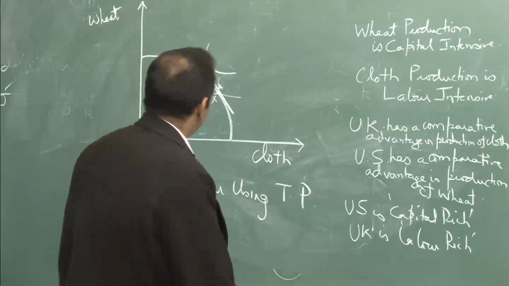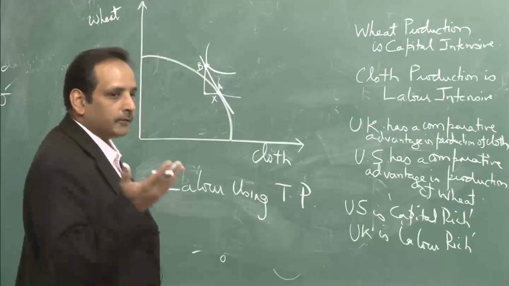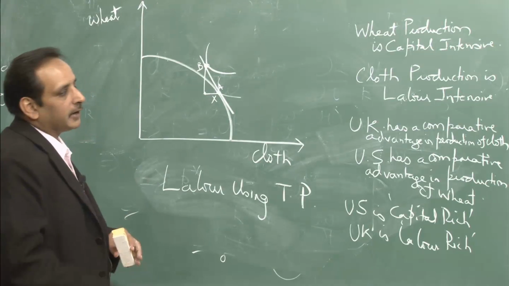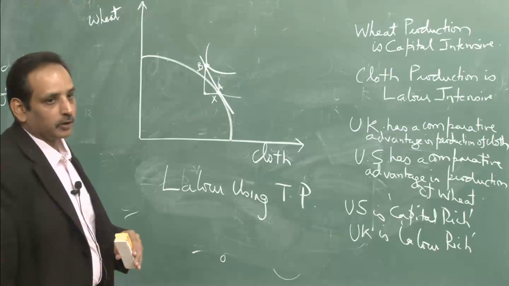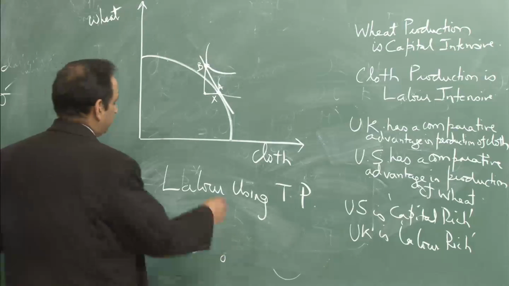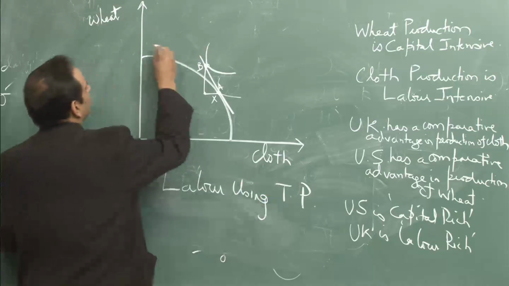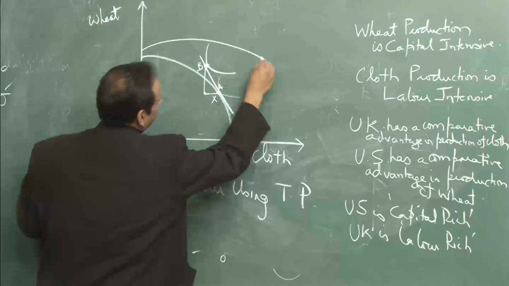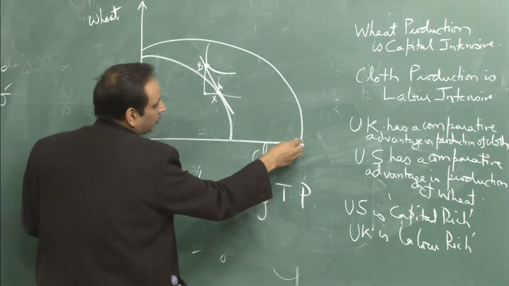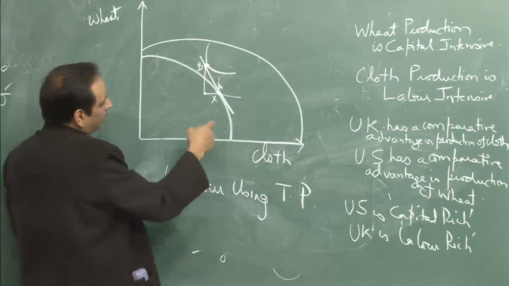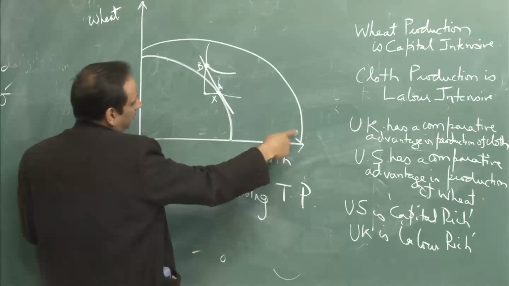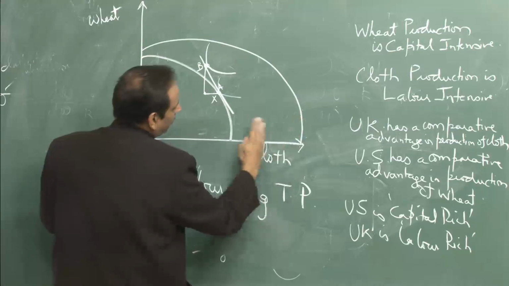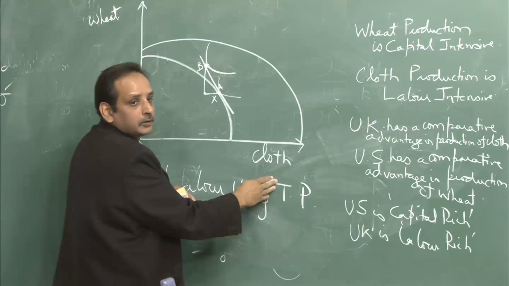Now what it would do is give a fillip to the production of the labor intensive product, which is cloth. So see what happens with labor using technological progress. There is a shift of the production possibility frontier, but the shape now looks like this, wherein you would see that this shape is more oriented towards the production of cloth.